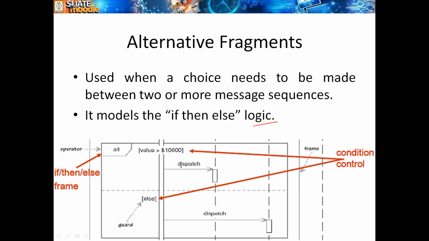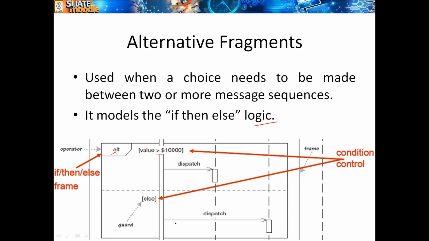You can see, this is an if condition. The else condition is value greater than 10,000 dollars. After this condition, if true, the path goes to this object.